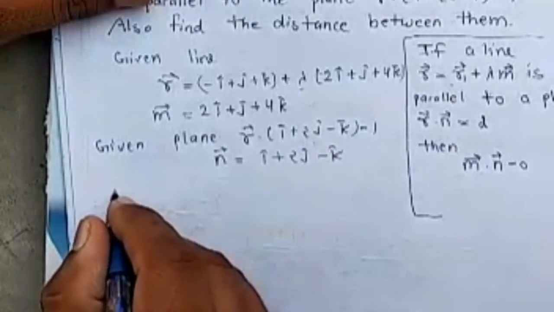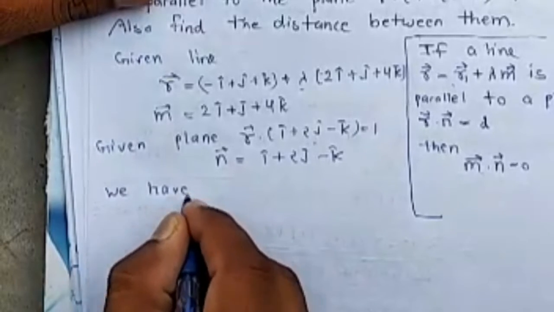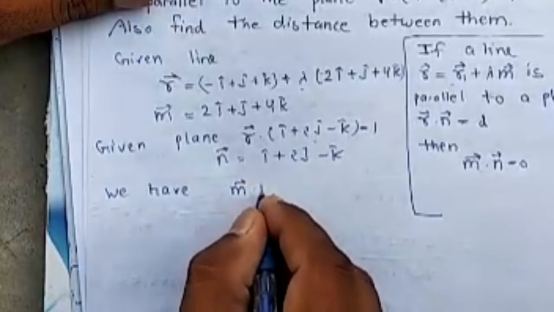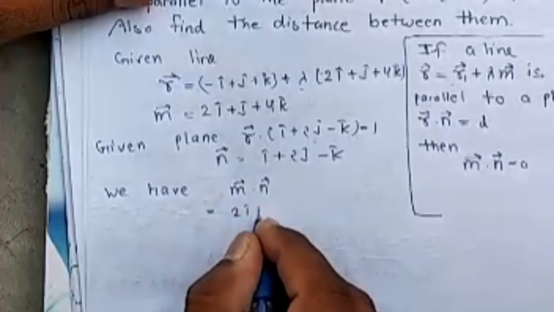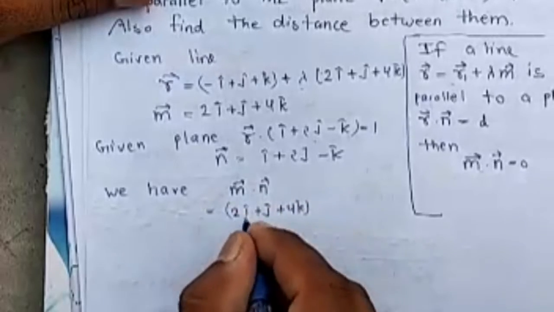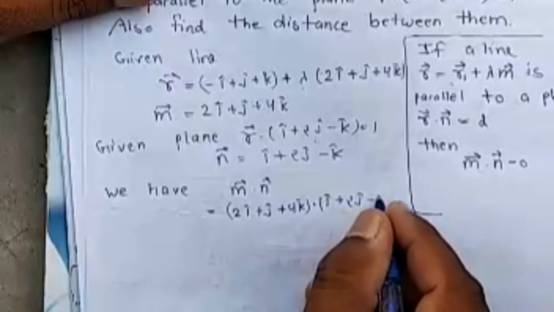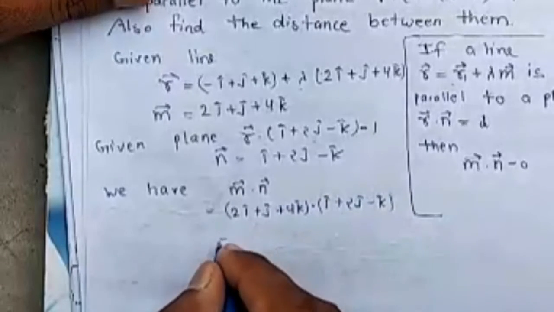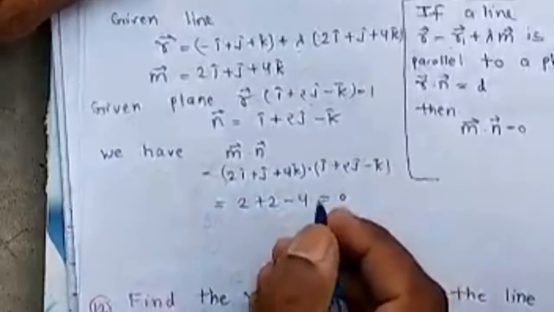Now we have m vector dot n vector, where m vector is 2 i cap plus j cap plus 4 k cap, and n vector is i cap plus 2 j cap minus k cap. 2 plus 2 minus 4 is 0.